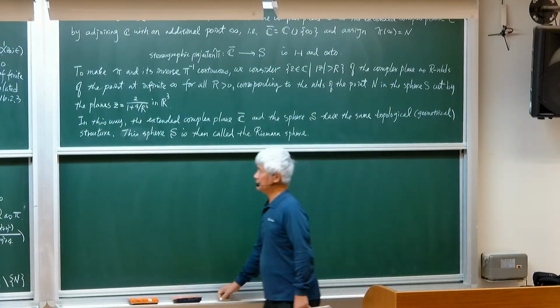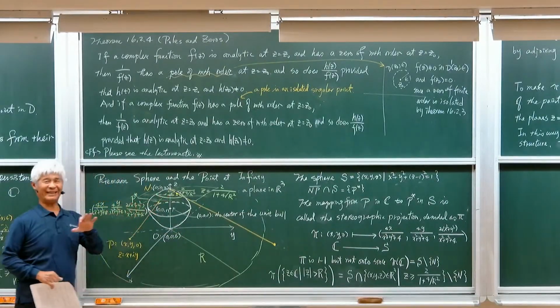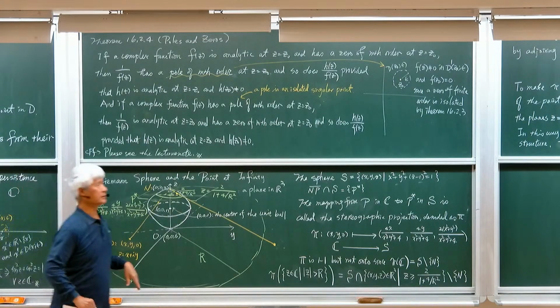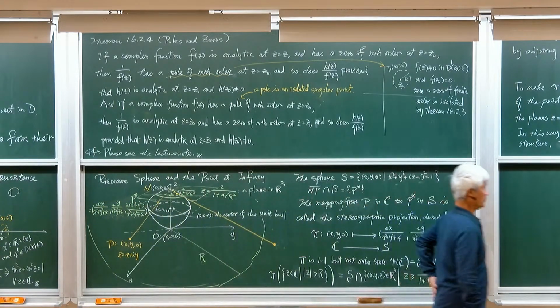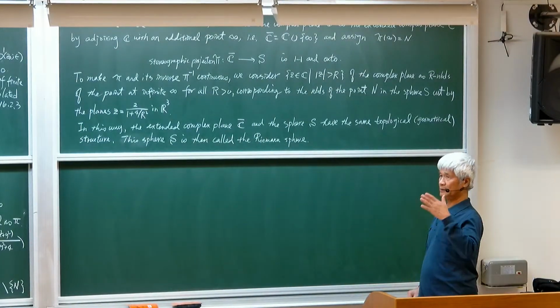This is the idea that we adjoin a point at infinity to the complex plane, so that we obtain the so-called extended complex plane, C bar.